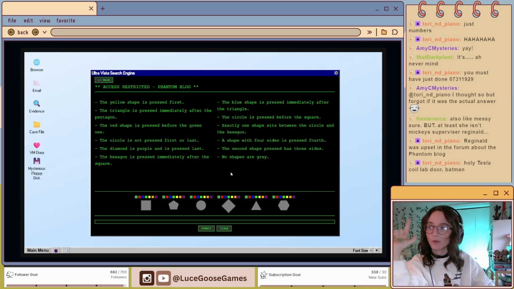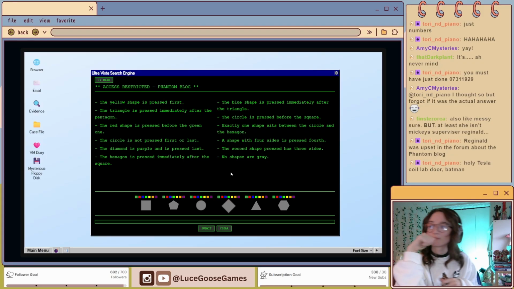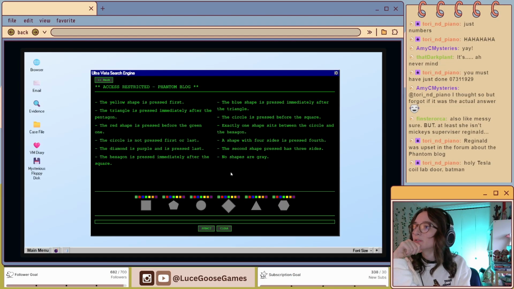The diamond is purple and pressed last. Okay, excellent. Purple diamond. That's helpful. Hexagon is pressed immediately after the square. The blue shape is pressed immediately after the triangle. The blue shape is the pentagon? No.